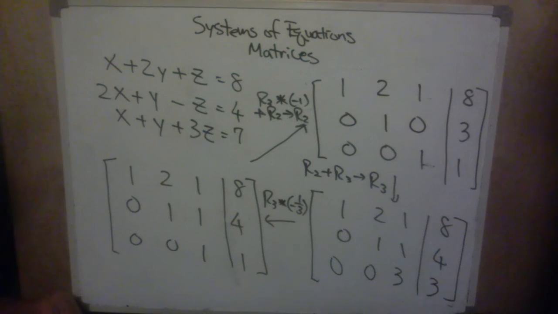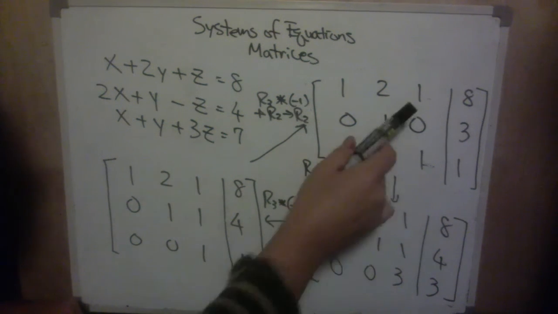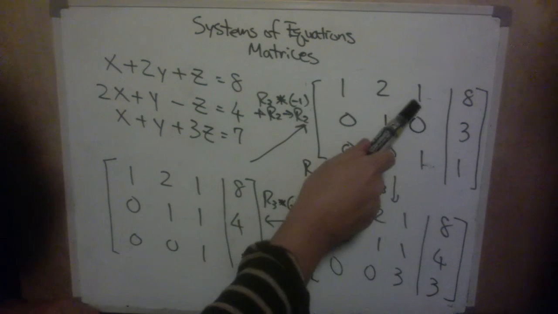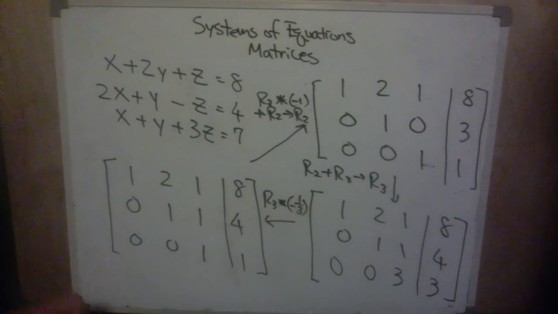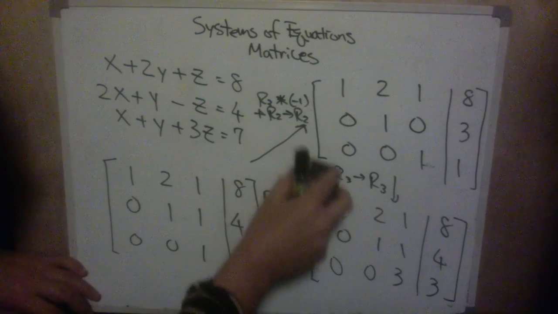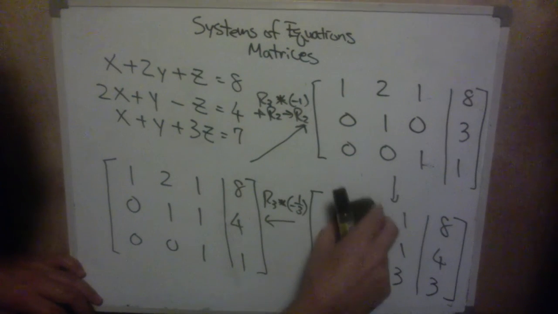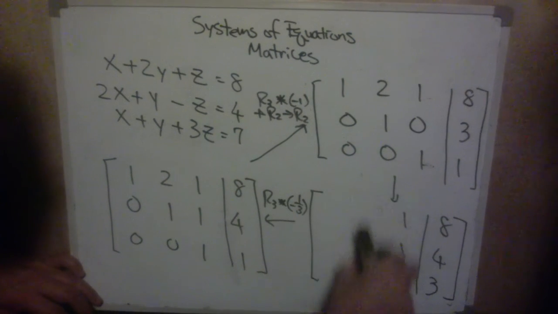So that's good. We got 2 numbers left. We got 1 and 2 right here, up here. So I want to make them equal to 0. So let's take that 1 and make it equal to 0. I'm going to erase all these numbers down here.